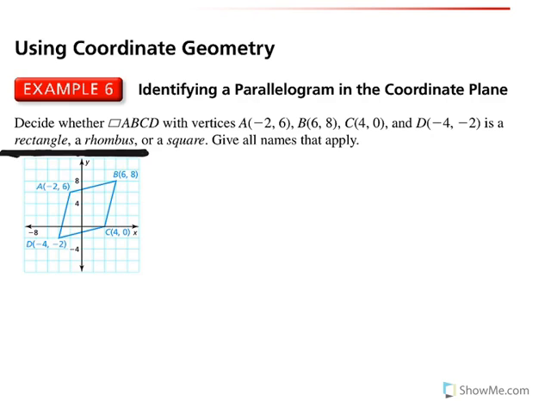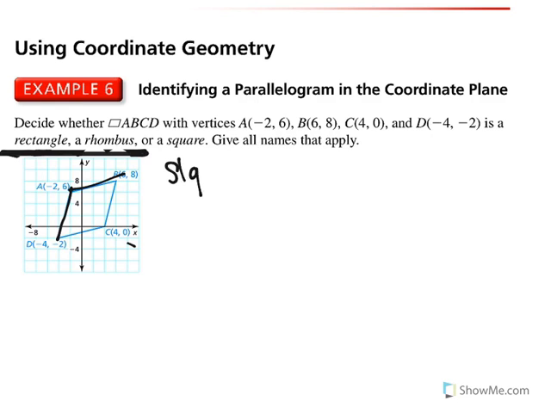Well, on a rectangle, we know that the diagonals are congruent. Okay, so we can actually find the lengths of the diagonals and compare them. Or we know that rectangles have a right angle. So what we can actually do is take the slope of two consecutive sides and see if they're opposite reciprocals of each other. And I think that would be the easiest way to do it.